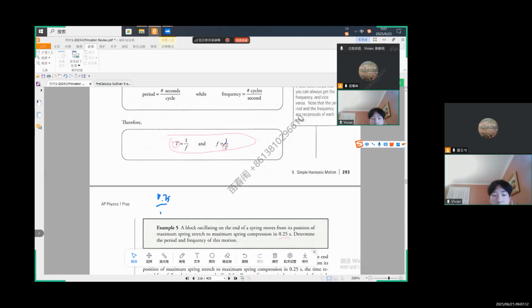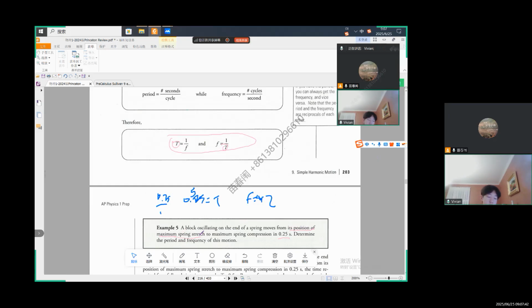0.25 equals T. F equals 4. They say from position of maximum. Oh, so the spring is stretched, and that's half of it, 0.5. So that means frequency is 2.